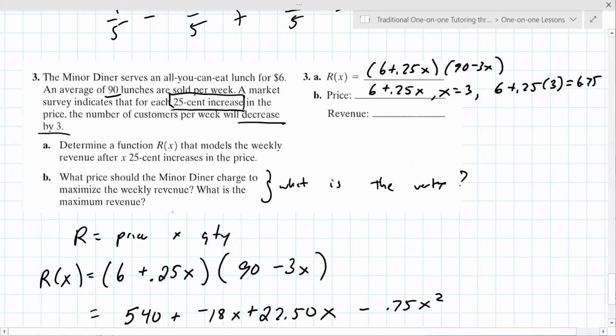All right. Revenue is actually putting x back into this thing here. So we know the first part is 6.75 and x is 3, so it's 90 minus 3 times 3, so it's times 81.